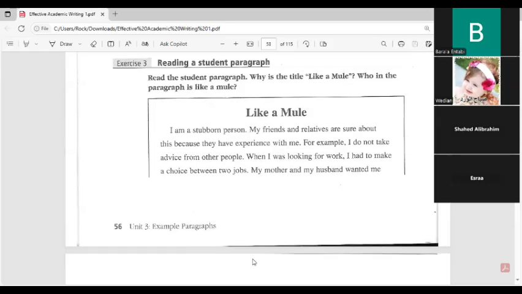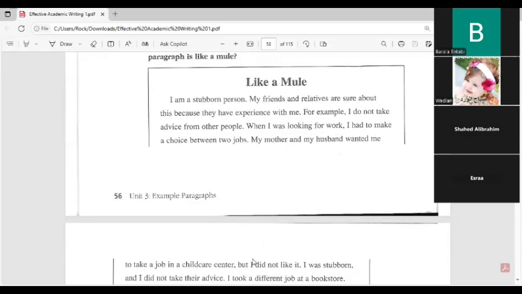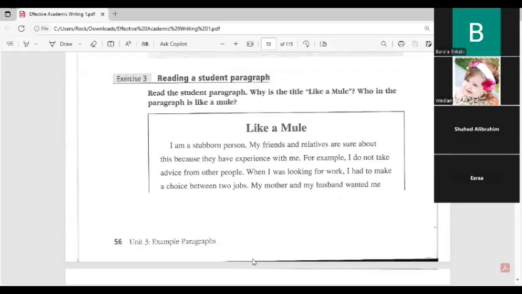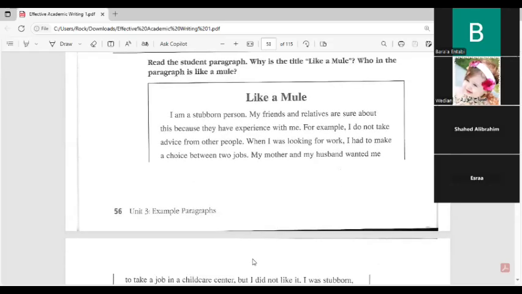You need to make it your daily habit or routine to read every day. For example, you can read from your book. You can read about any topic or anything you love to read, or listen to. Just make it your daily routine to read and to listen in English.